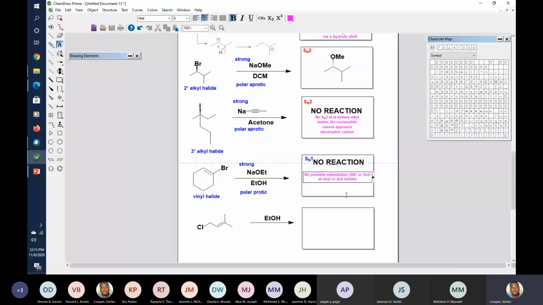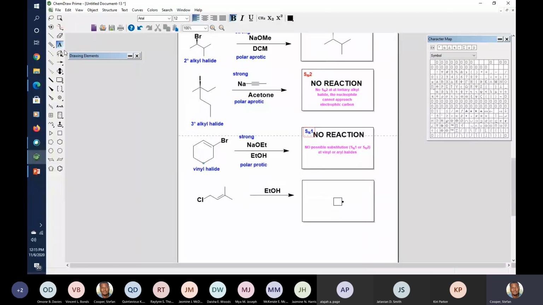So keep that in mind that if I have any halide attached to a carbon in a double bond, they cannot participate in SN1 or SN2 reactions. That's different chemistry they can do, but the chemistry you guys do not know yet. So right now for substitutions, it does not react.